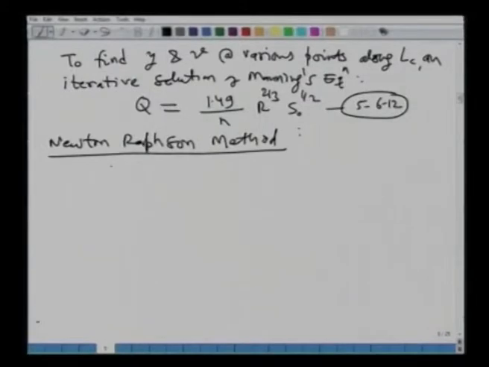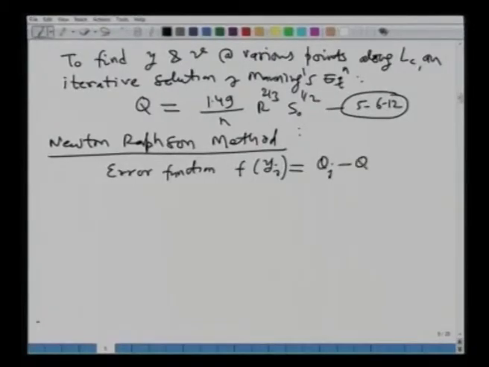So our error function, which we try to minimize, let us call f as a function of yj, where yj is the depth of flow which we are trying to find out, is equal to Qj minus Q. Qj is the guess of your Q at the end of the jth iteration.